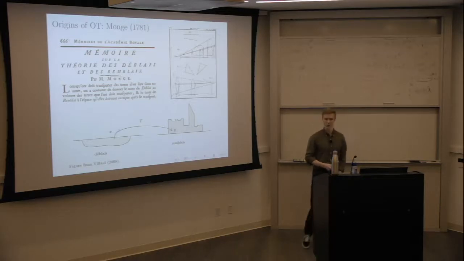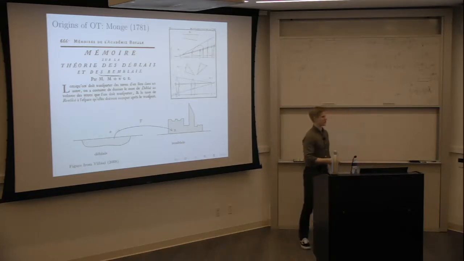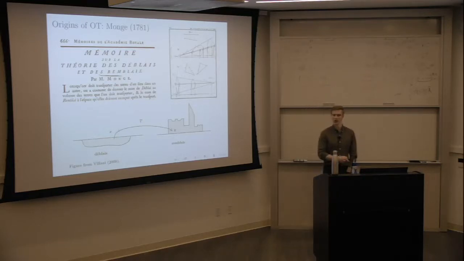And so the kind of problems that he was interested in was, well, suppose you have Deblay, think about it just as dirt or a raw material of some kind that you want to excavate and transport some distance to a particular location where it's going to be used to build, for example, an embankment or some structure, which he called Ramblay.